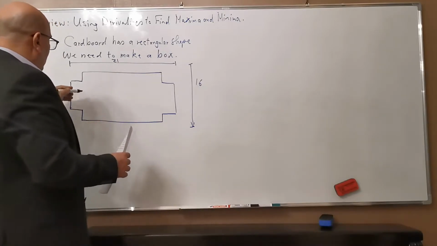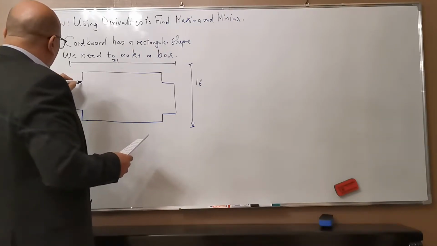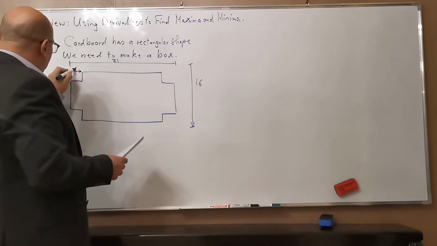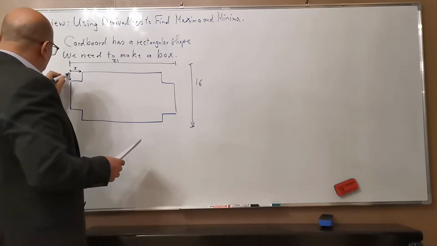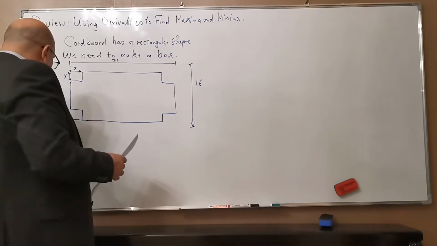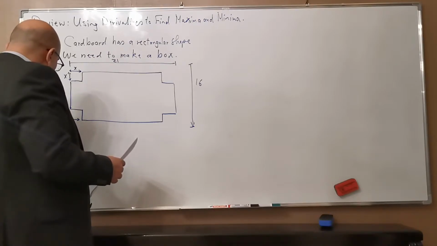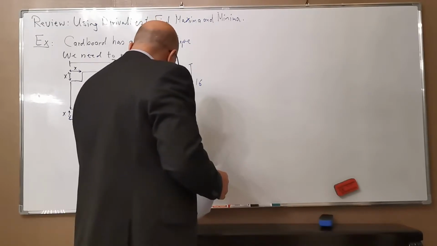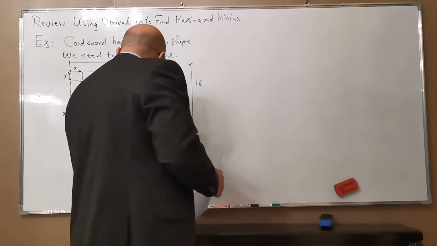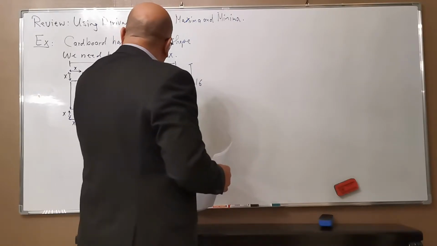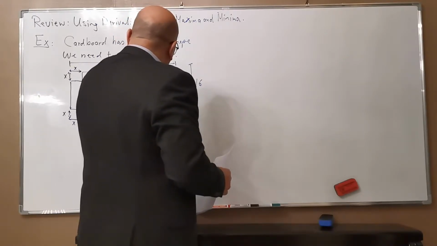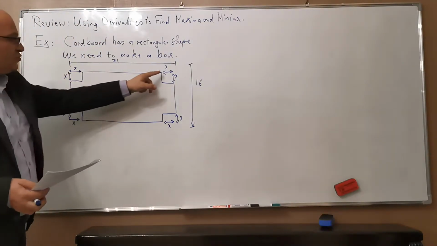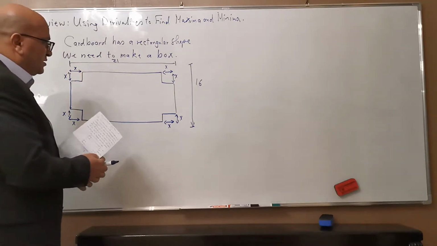So this is the cardboard. We take from this a small rectangle with a dimension of x, and here x, and here also x, and this one is x. So we take those rectangular pieces from those four corners to make this box.